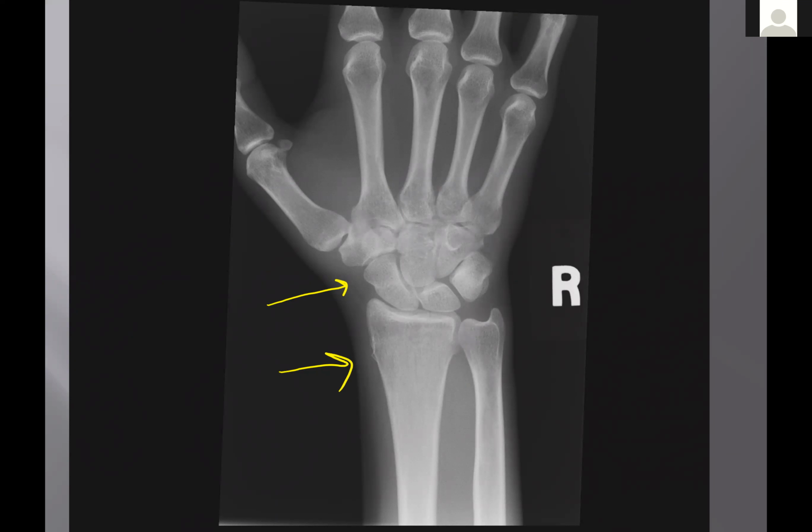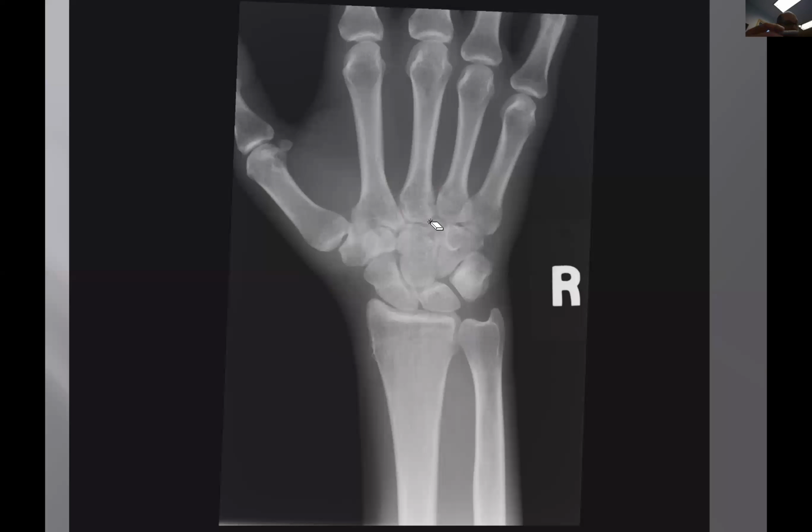Okay. All right. Let's talk about this. That's good. It's really hard to tell if that sclerosis through there is an impaction of the scaphoid. I think it's tough, but it did hurt there.